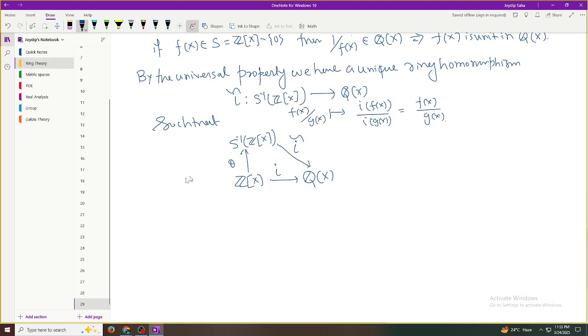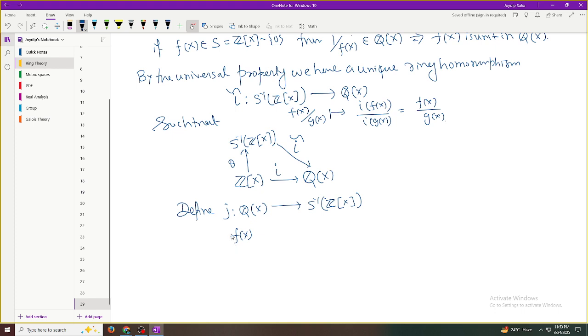Now define J from Q(x) to S inverse Z[x]. Now what is the map?